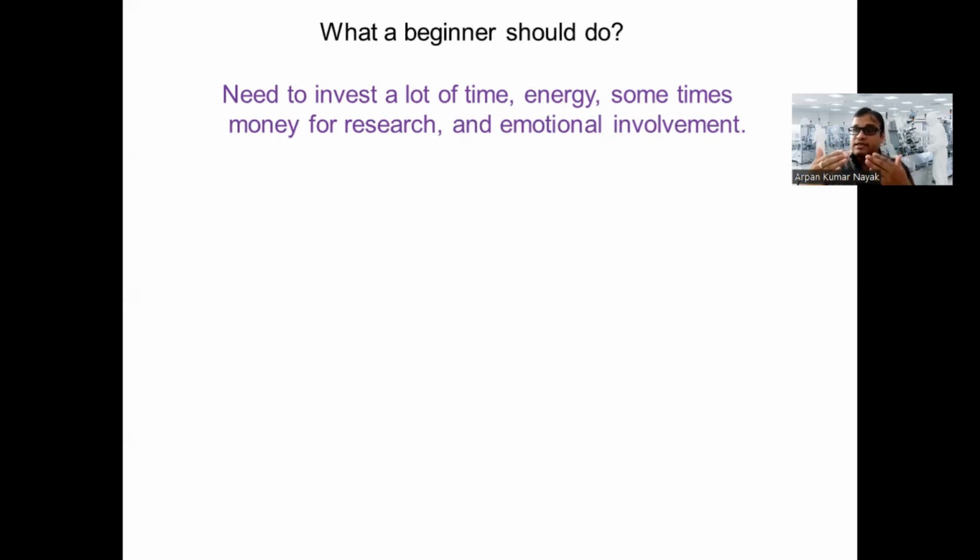When they invest a lot of time, they should read other research done in their research area. So they have to spend a lot of time, energy, and sometimes, if needed, money.